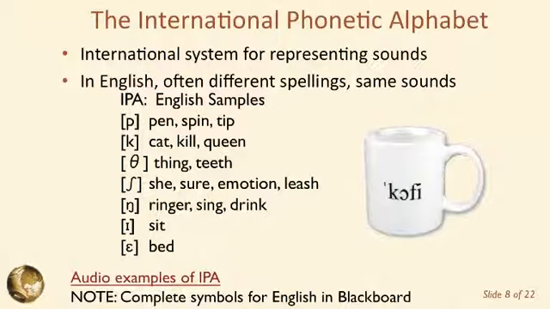So nothing unexpected there. But then we have different kinds of sounds, like the th sound, which is a hard sound for people who are not native speakers of English. We have other sounds like the ng sound, like ringer, or the sound in sing. This is another kind of tricky sound for people who are learning English.